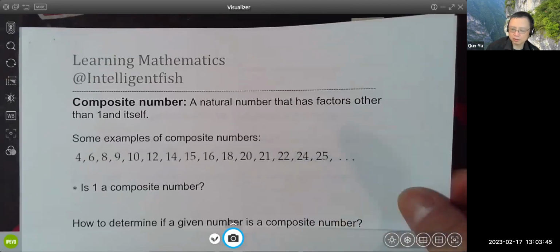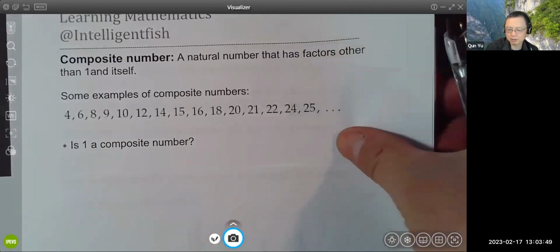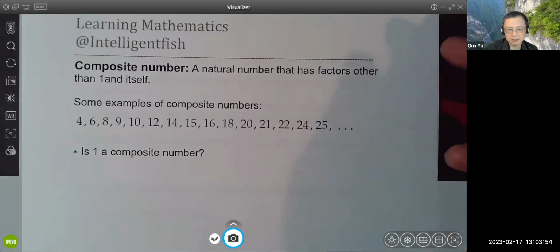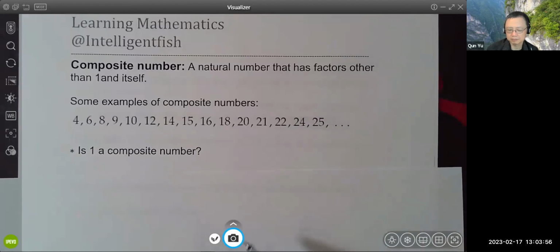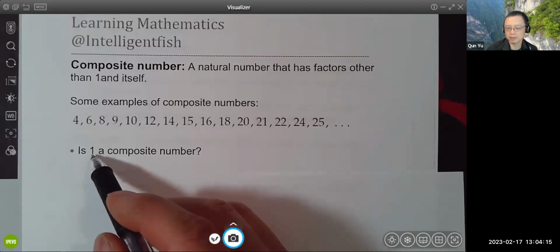Now, here is an interesting question. That's why I put a star in front of it. It's a little bit special, this number. Is 1 considered a composite number? The answer is no. We already know from the previous slides that 1 is not a prime number, because a prime number requires 2 different factors, 1 and itself, and there are no 2 different factors, just 1 and 1.